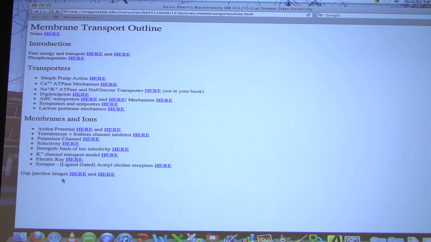Okay. Well, membrane transport. You've already seen the introduction now to membrane transport, and I hope you're starting to get an idea about the importance of membrane transport. One is you need membrane transport for sodium and potassium ions to keep the cell from just blowing up. That's pretty important. Cells have to get nutrients. Cells have to get glucose. They have to get food. They have to get amino acids.